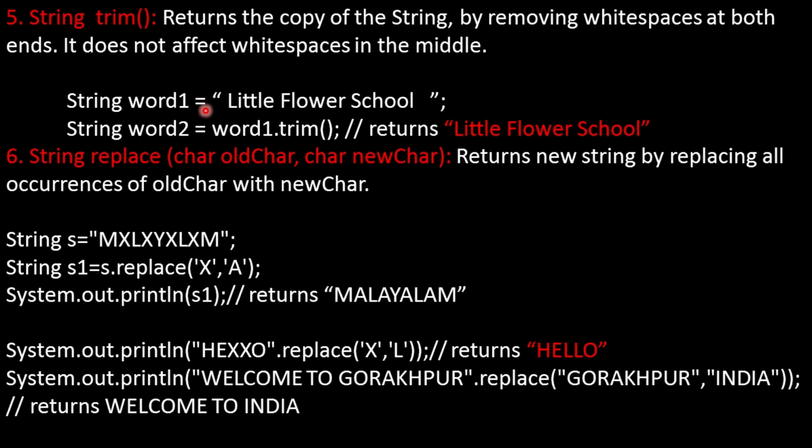Look here, word1. What have I stored? Little Flower School. In this, one extra space is there here, and two extra spaces are there here. The spaces at the end and the spaces at the beginning, the number of spaces that you have given, will be removed by using the trim function.